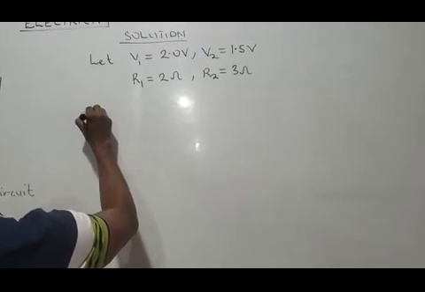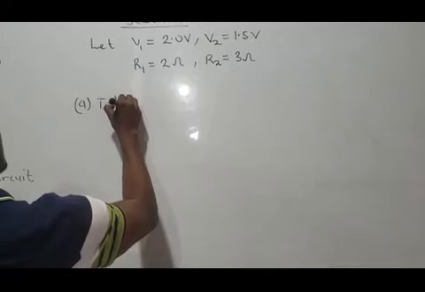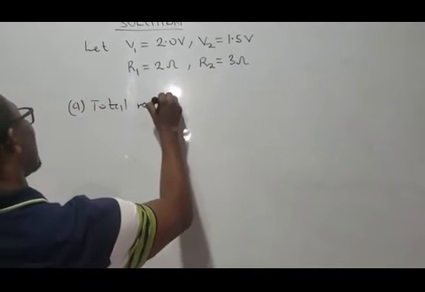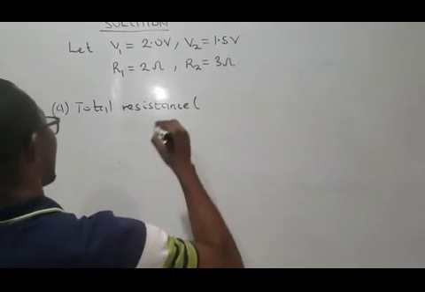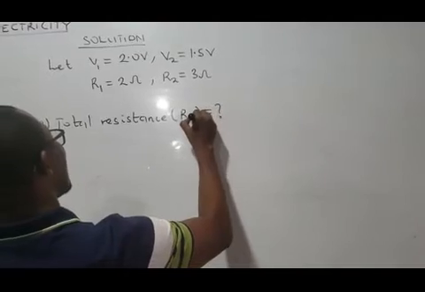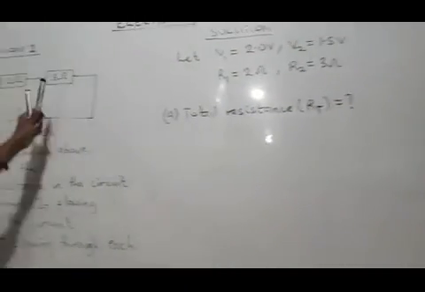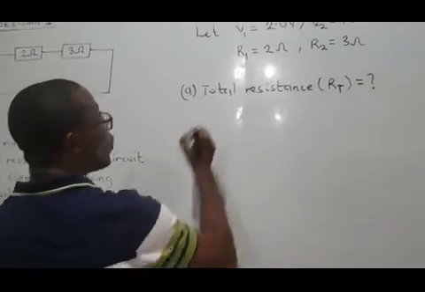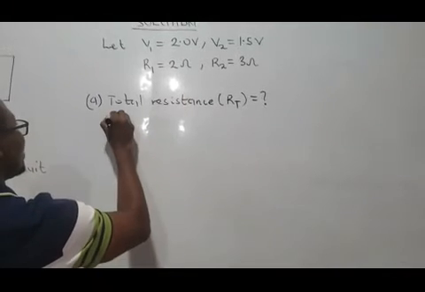Now for question A, we have to find the total resistance, that's RT. As I said, the resistors here are connected in series. So for series arrangement, your total resistance is the sum of the individual resistances.